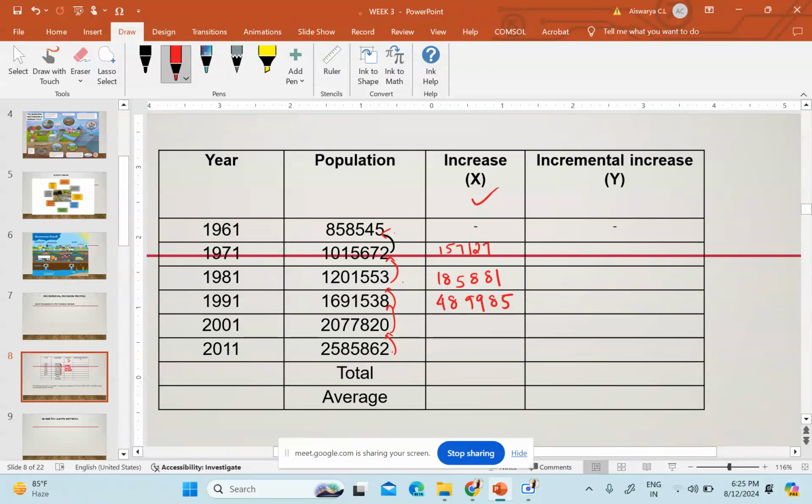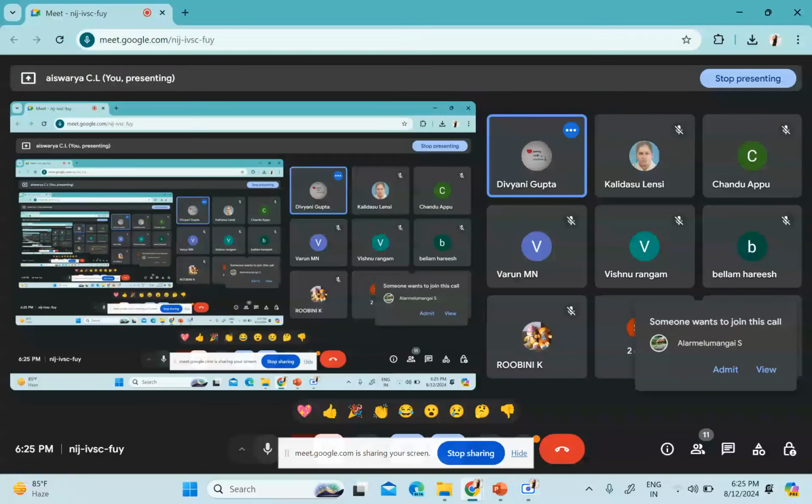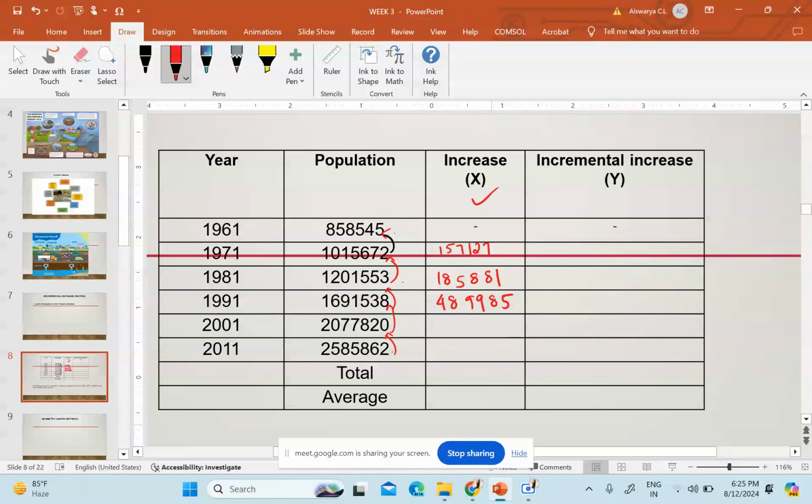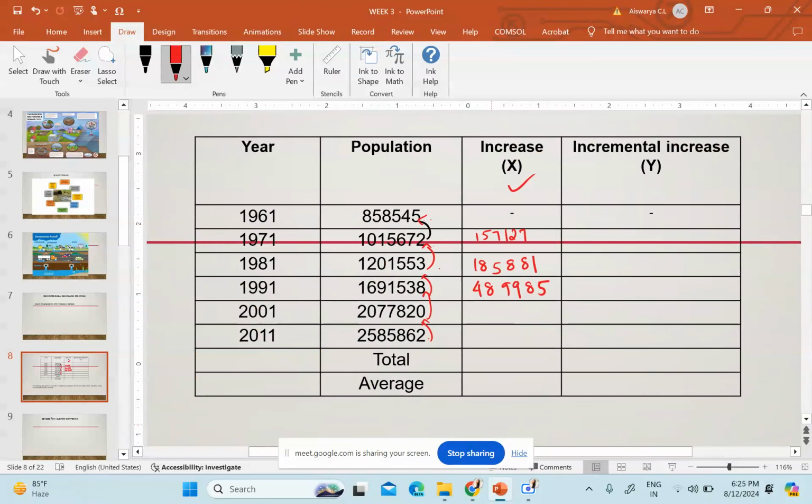Okay, now. Which one is that problem only?